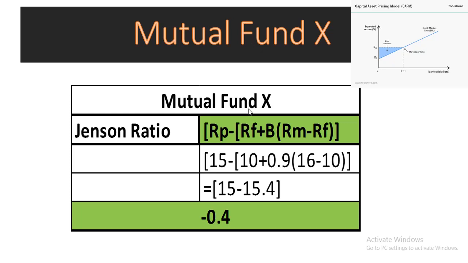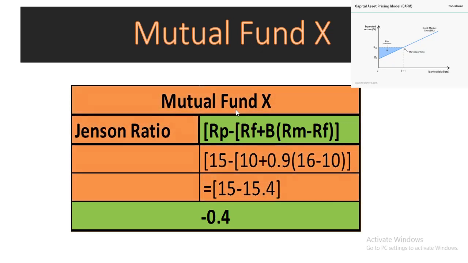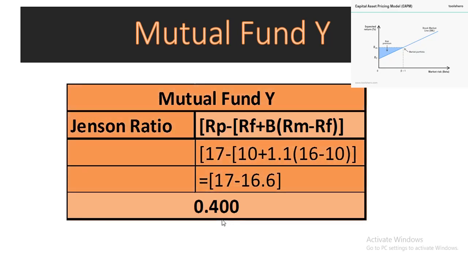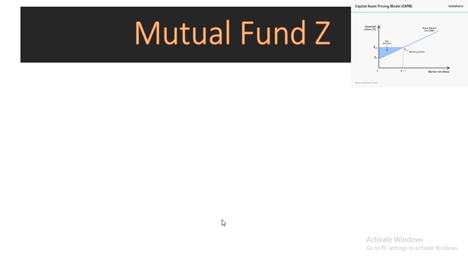For mutual fund Y, it is giving 17%, and as compared to standard risk, as compared to the risk which mutual fund Y is involved having in it, it should give 16.6, but it is giving more than this. It is giving 0.4 extra. So as per Jenson's alpha, mutual fund Y is giving positive 0.4% return.